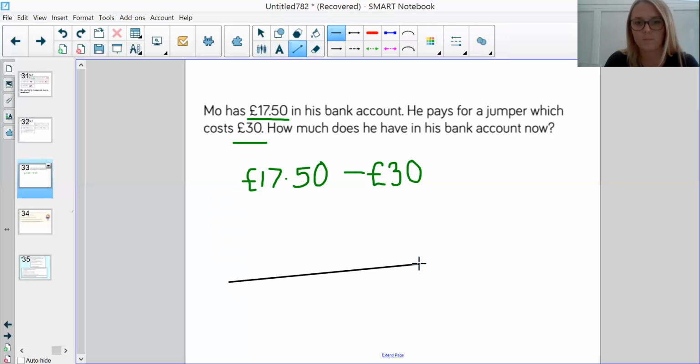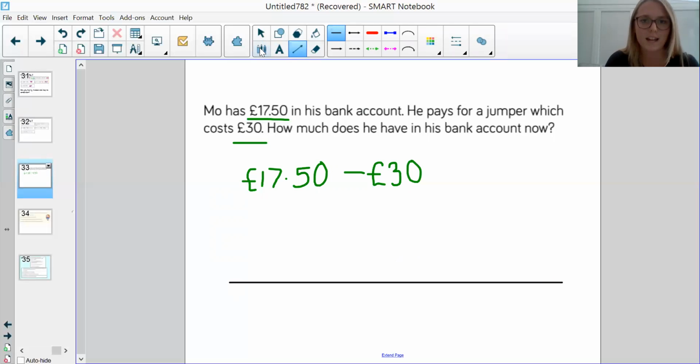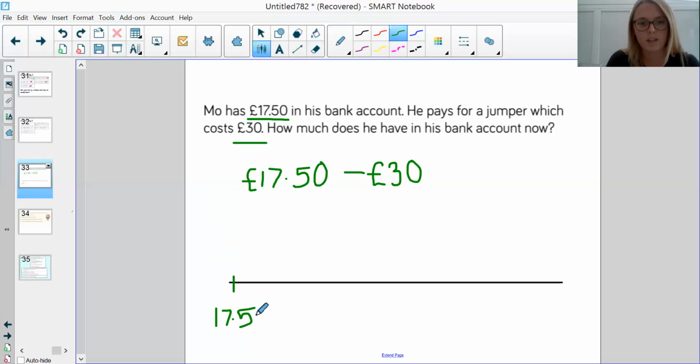If we start at £17.50, I'm going to try and do this in 2 jumps. To jump down to 0, we would use £17.50 out of the 30, because we are subtracting 30, but obviously we're going to end up in negative numbers because we're going to cross that 0 mark.